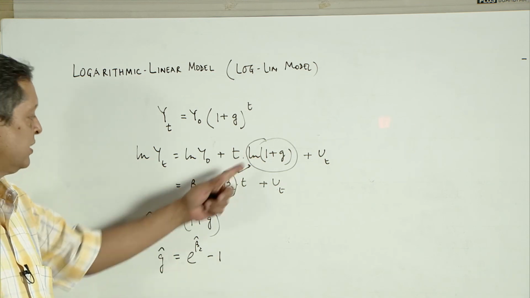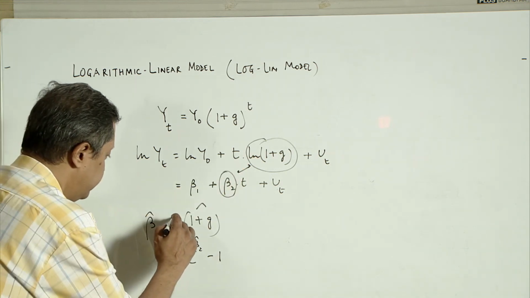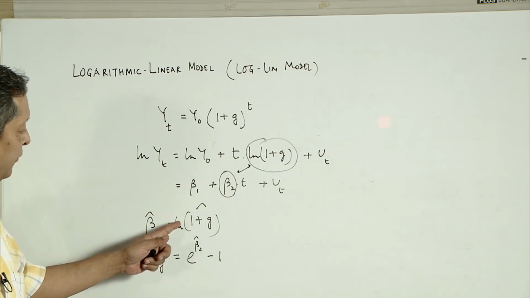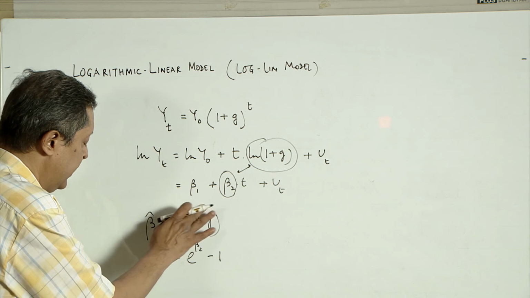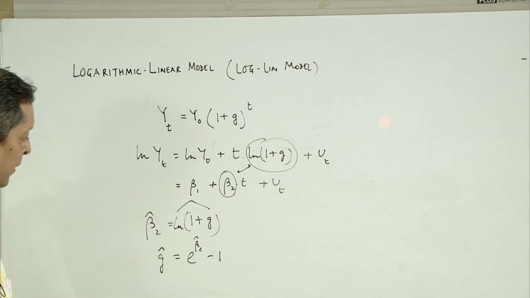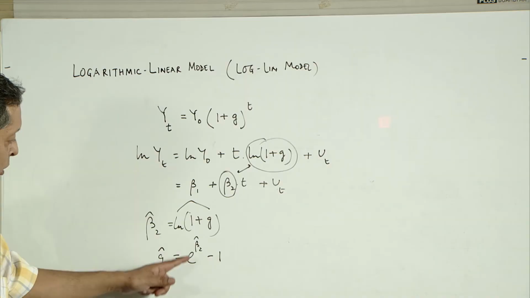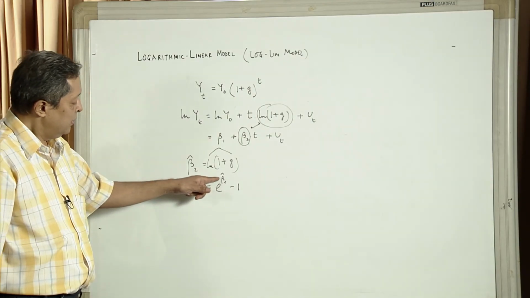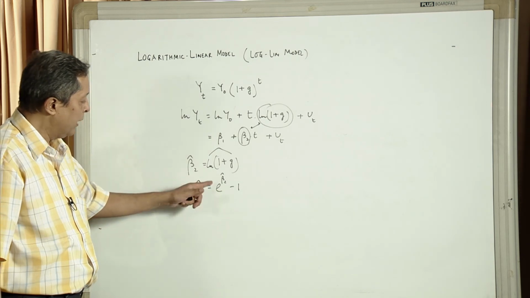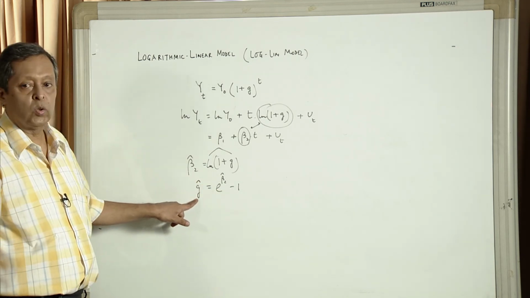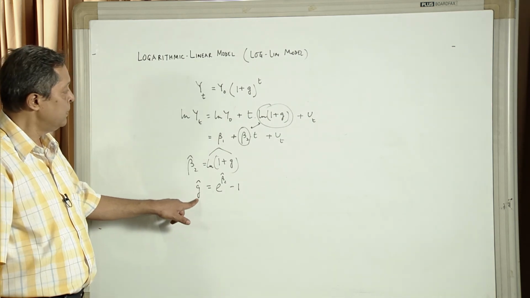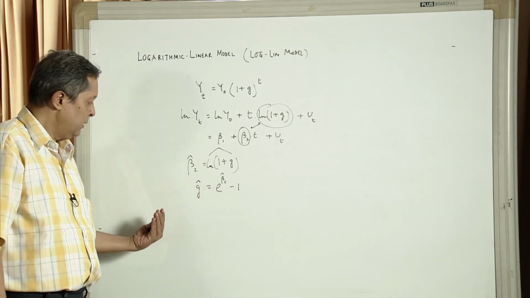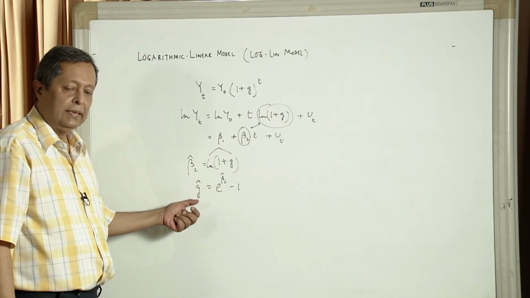So, you raise e to the power beta 2 hat and subtract 1, and that gives us the discrete growth rate g hat. From the regression model, we obtain the continuous growth rate, and then we can move backwards and calculate the discrete growth rate.